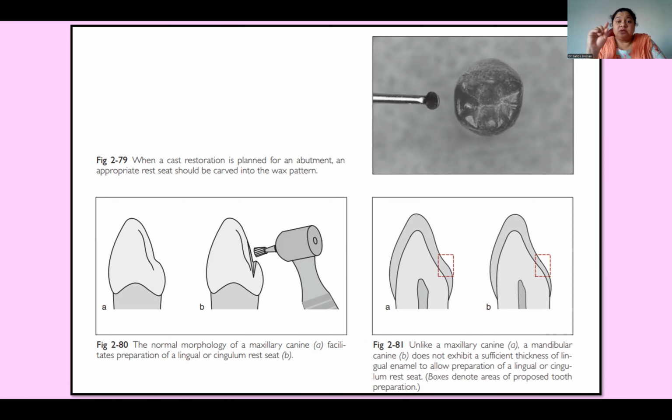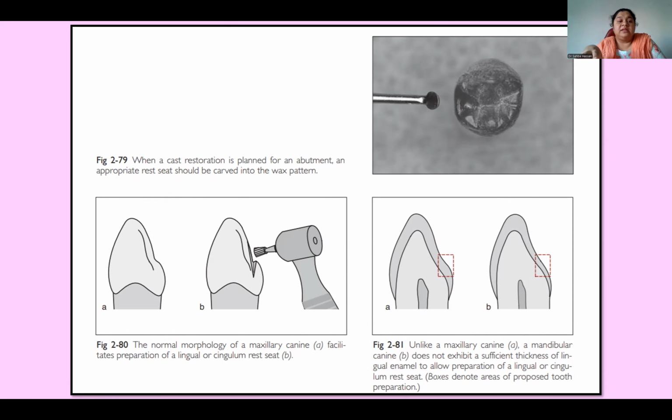So in those cases, we do tooth preparation and then place an FPD and use it as an abutment in the RPD. In that case, the rest seat will be made in the cast crown itself. When we give the wax pattern to the lab, only in the wax pattern would that rest seat be made.